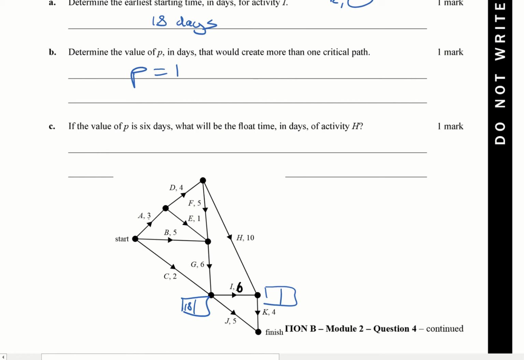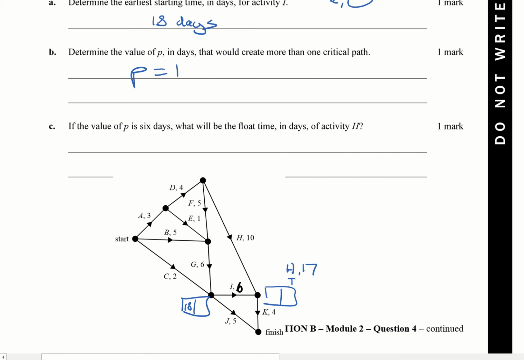Going in this direction, just to save a bit of time, coming from H, I'm going to have 17, because 3 plus 4 plus 10 will give me the 17. 18 plus 6 coming across here would give me 24.